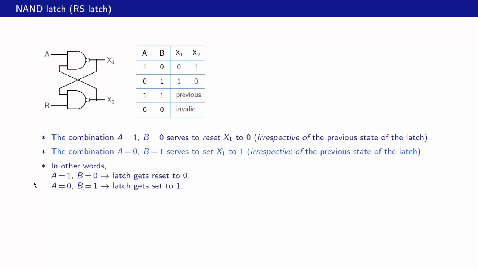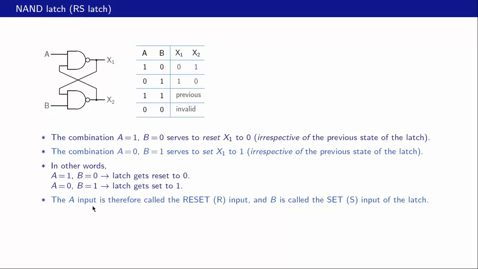In other words, with a equal to 1, b equal to 0, the latch gets reset to 0. This entry here, a equal to 1, b equal to 0, the output of the latch, which we will consider as x1, is getting reset to 0. And with a equal to 0, b equal to 1, the latch gets set to 1. This entry here, a equal to 0, b equal to 1, and the latch output, which is x1, is now getting set to 1.